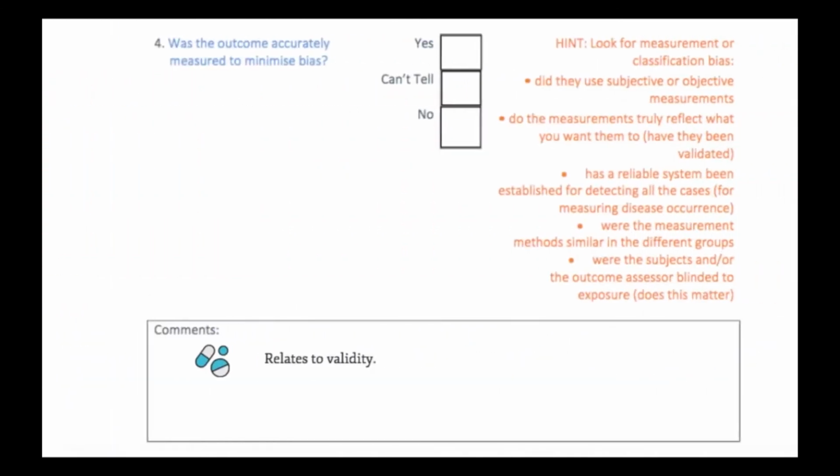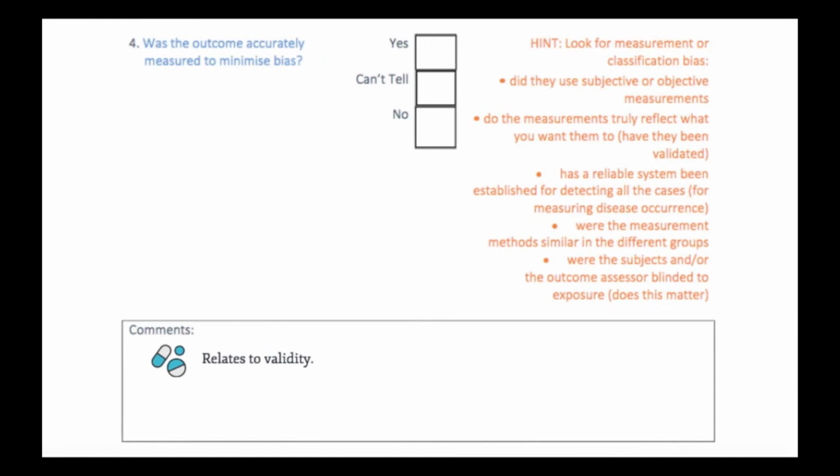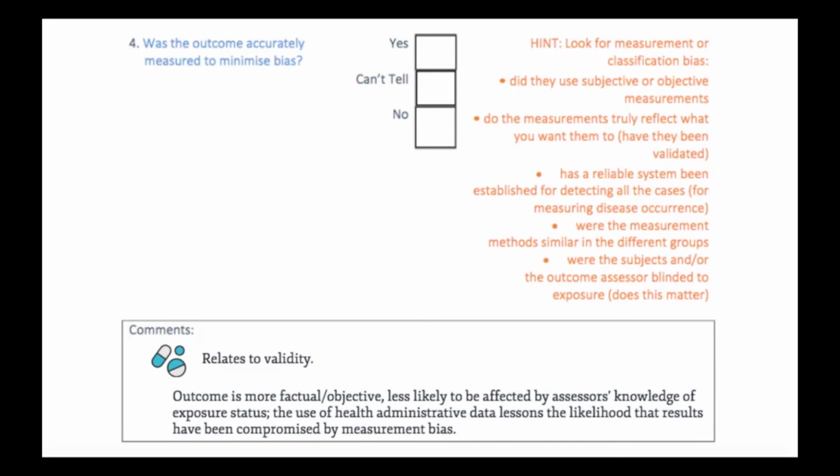This question relates to assessing for possible measurement bias in measuring outcome, which, in this case, was development of dementia. Things to consider in this criteria relate to whether or not the outcome was measured subjectively or objectively, with objective measures of outcome being generally more reliable, and to consider whether or not assessors were blind to exposure status.